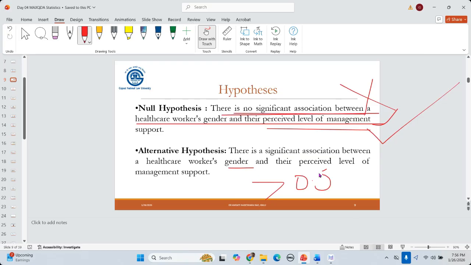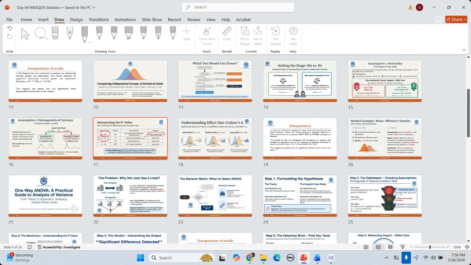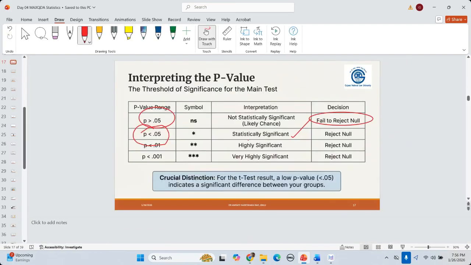Let me go to this slide once again. If our p-value is less than 0.05, there is a statistically significant difference or association between the two variables that are selected. But if your p-value is greater than 0.05, it means there is no statistically significant association between the variables that are selected. It means fail to reject the null hypothesis. Now look at our test result.